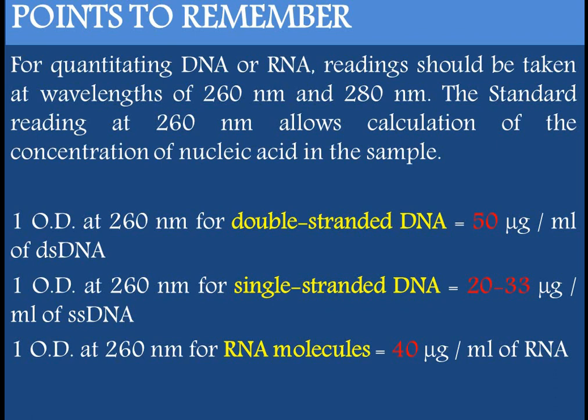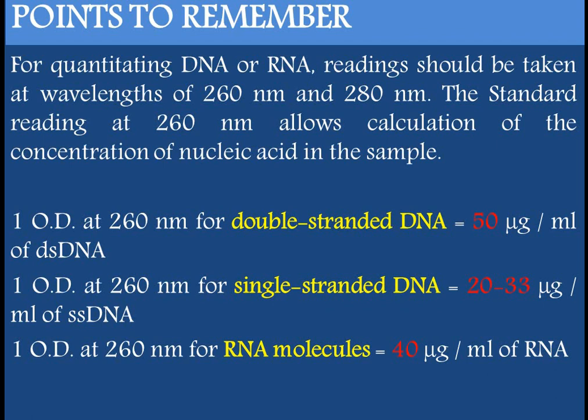Before we talk about the simple procedure for quantification of DNA by spectrophotometer, we have a few notable points to remember. For quantitating DNA or RNA, readings should be taken at wavelengths of 260 nanometer and 280 nanometer. You can raise the question, why does DNA absorb at 260 nanometer?